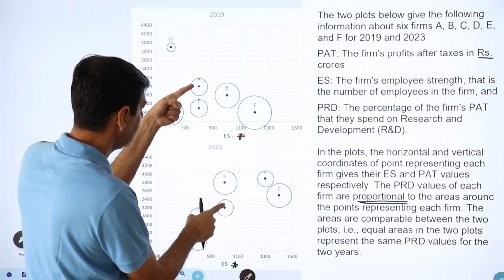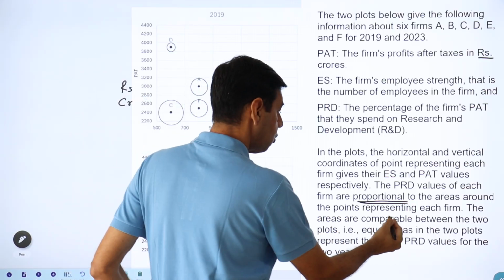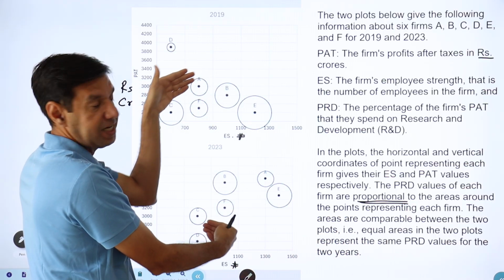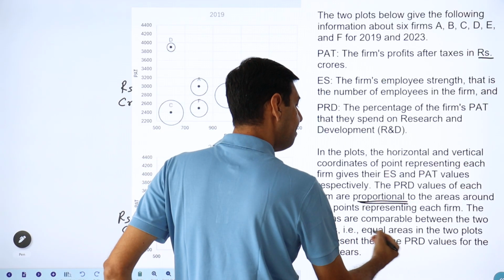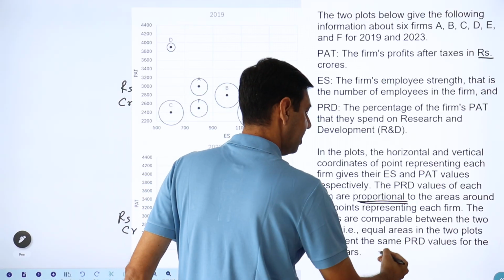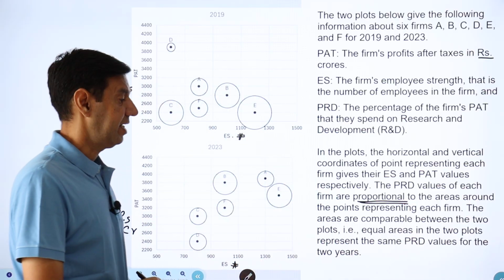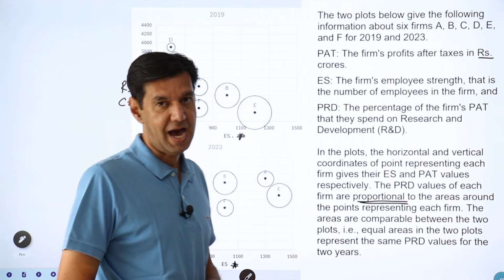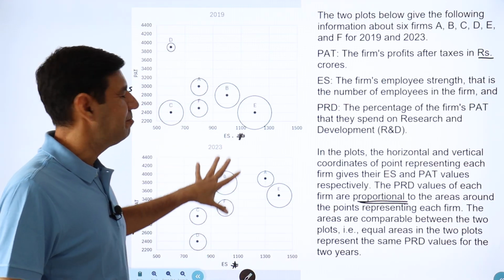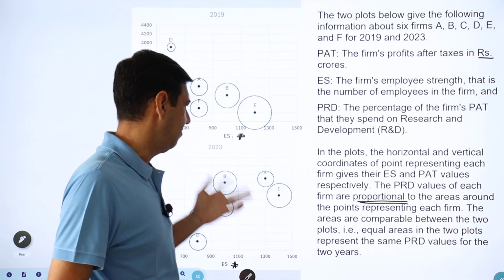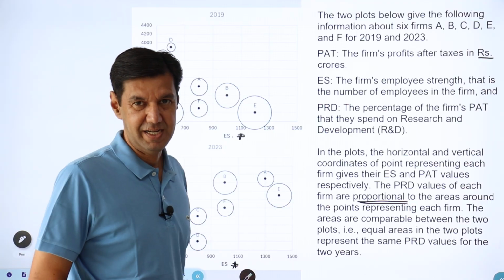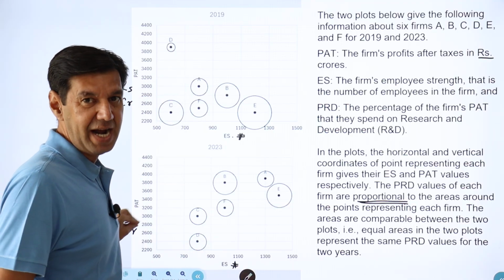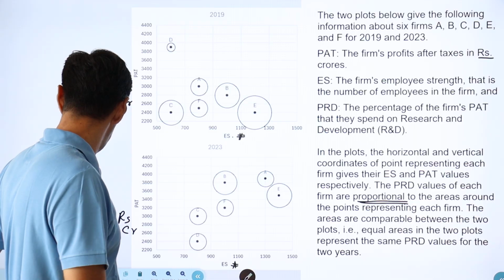So the areas of A and F are same. So though they are on two different graphs, the areas are comparable. Equal areas represent the same percentage spent on R&D. This is the only bit which can trouble one, but otherwise there's not much difficulty in understanding the PAT and the employee strength. Moving to questions.